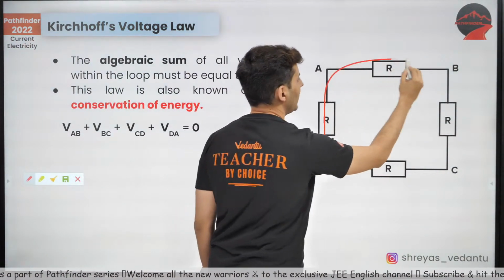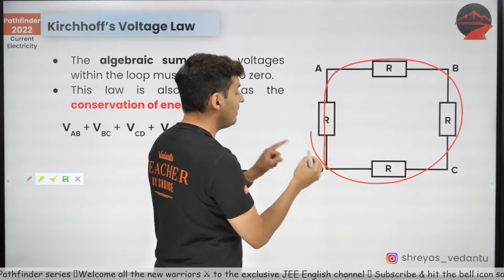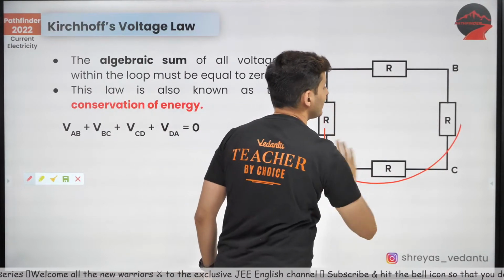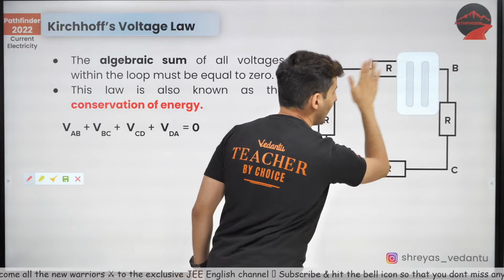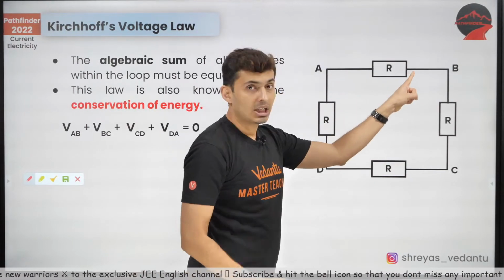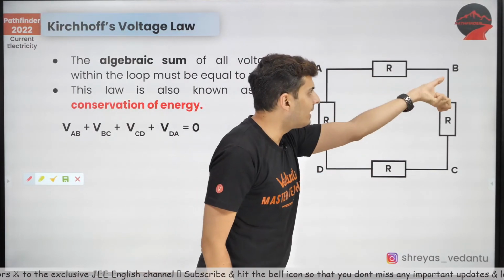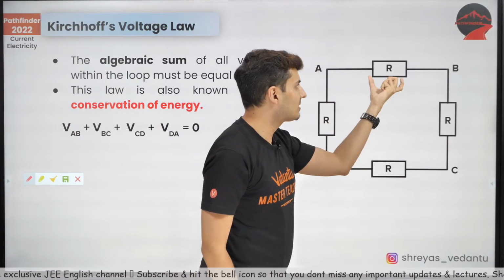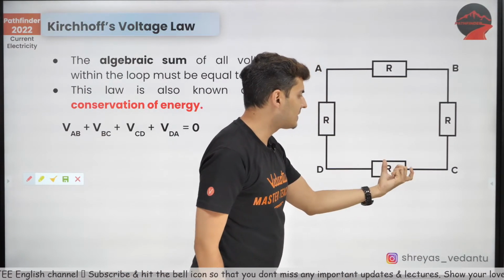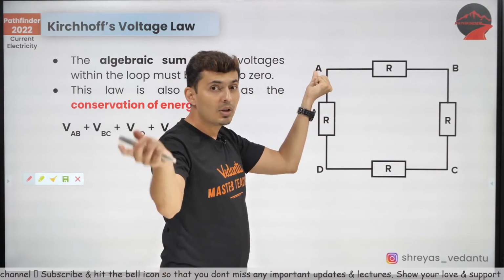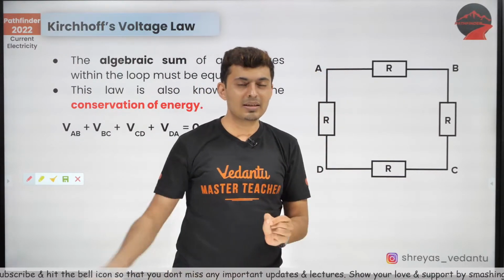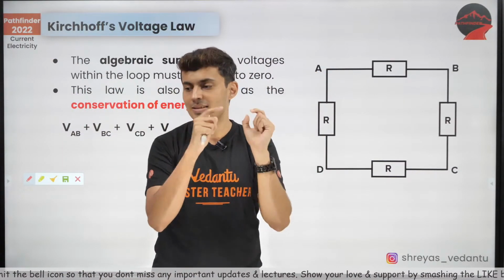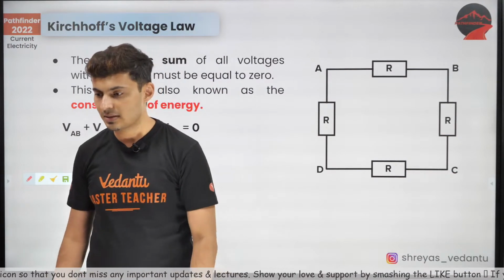You start from a point and end at a point. You come back to the same point. You will see that if you add the voltage difference across every device, voltage difference across this device plus this device plus this device plus this device, and when you come back to the same point, obviously the total voltage difference will be 0. I hope that makes sense.